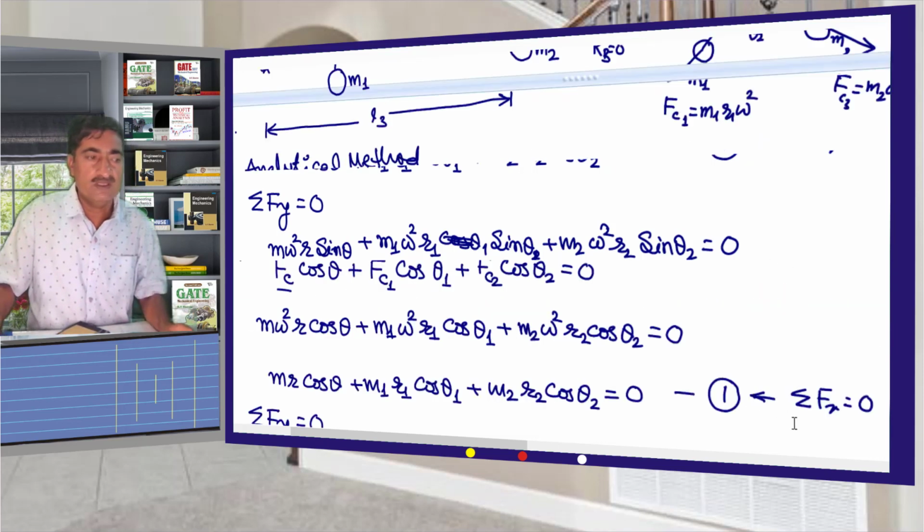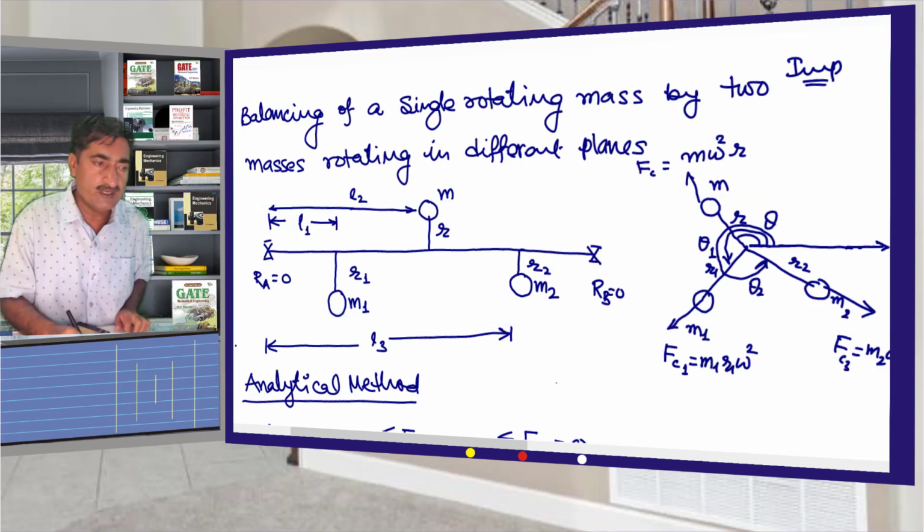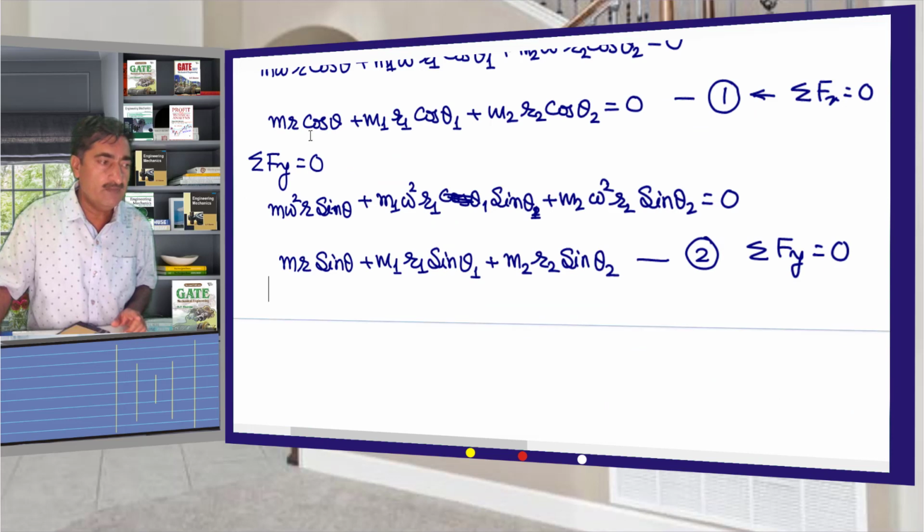Remember, the angle should be measured with the x-axis, then this is theta, this is theta 1 and this is theta 2. Automatically, sin theta, cos theta, theta 1, theta 2 will be positive or negative, depending on the direction.